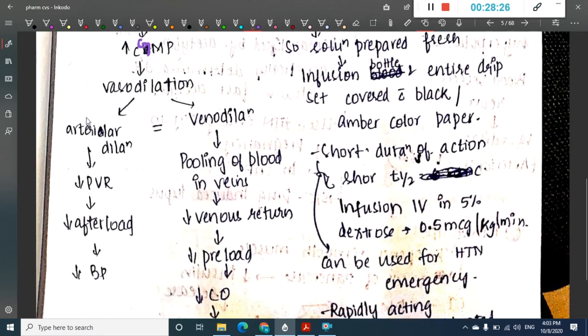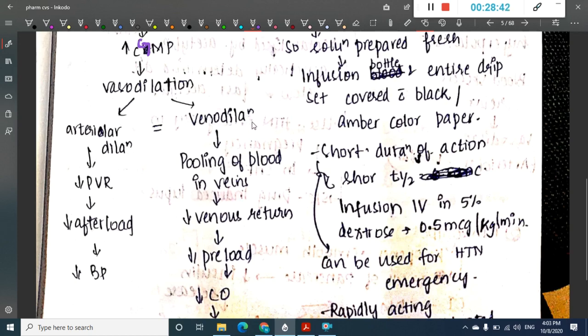Once there is arteriolar vasodilatation, this will decrease peripheral vascular resistance. Obviously, the resistance is due to arteries, right? So arteriolar dilatation leads to decreased peripheral vascular resistance, which will decrease the afterload and thus decreases BP.